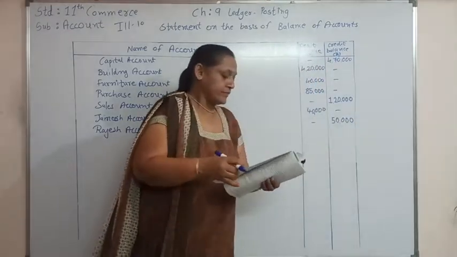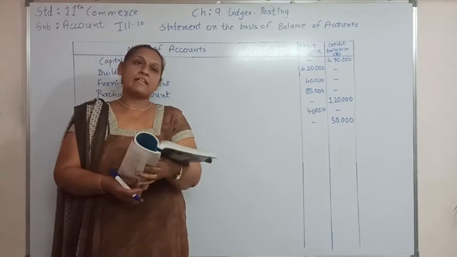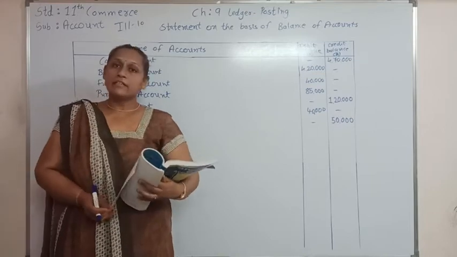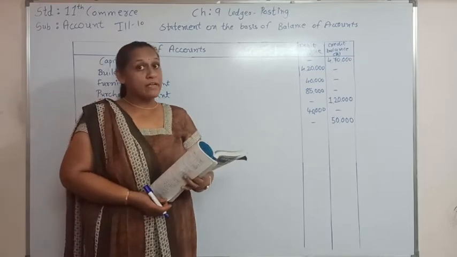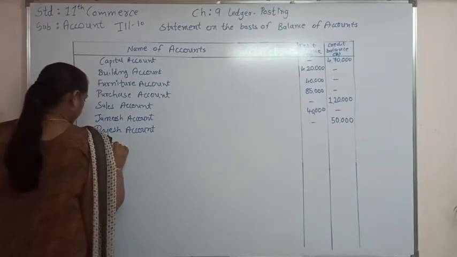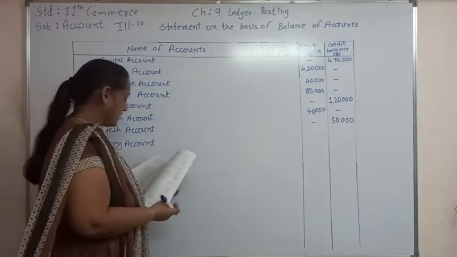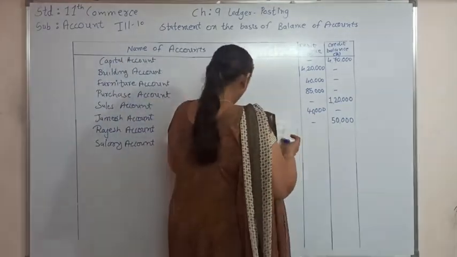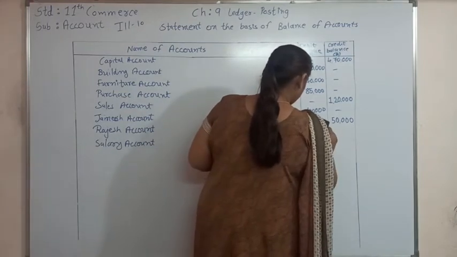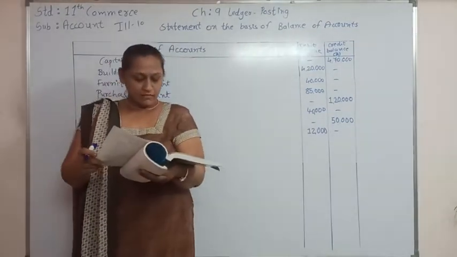Next is the salary account, and in the salary account we can see that the debit side is 12,000, credit side nothing is given to us, so the salary account has a debit balance. Salary account, and it is 12,000 on the debit side. Next is the commission received account.